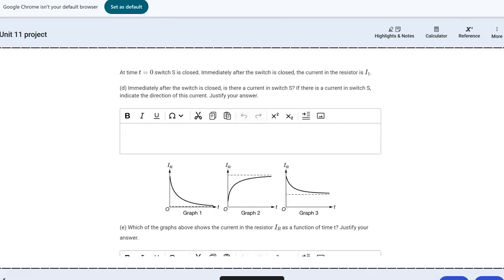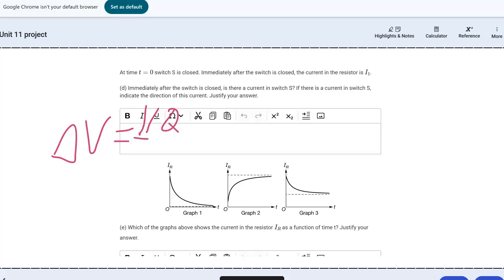And yeah, immediately after the switch is closed, is there current in switch S? Well, let's see. We could find our change in V initially.